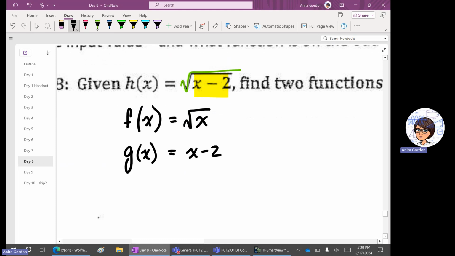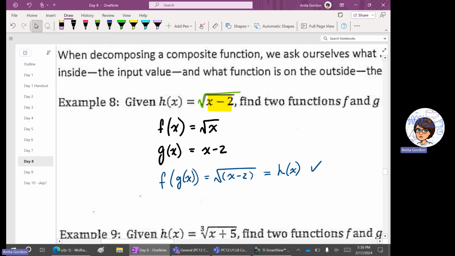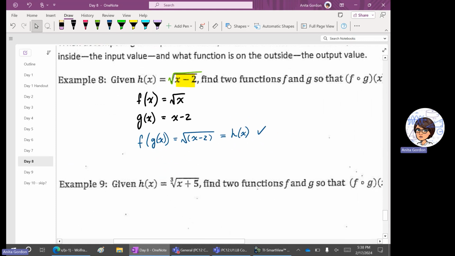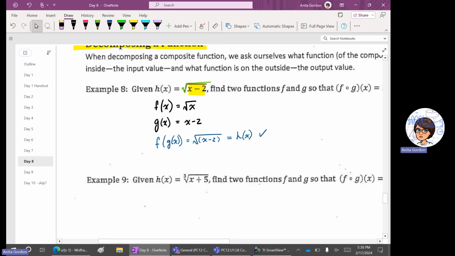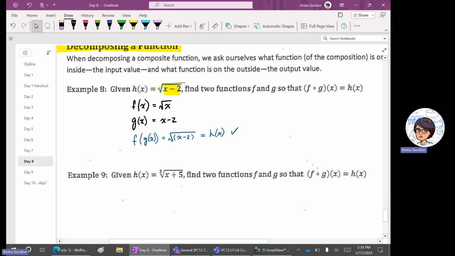So that if I have f of g of x, it would mean I have a square root, and in it, I'm going to put the function x minus 2, which is g, which matches h of x. So I've done that correctly. In some cases, there will be multiple ways that you can look at it. Just do the way that makes sense for you. What is on the inside and what is on the outside?